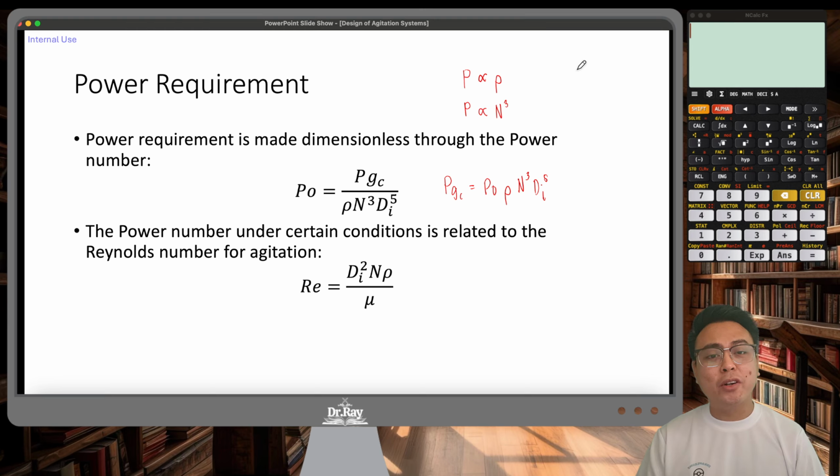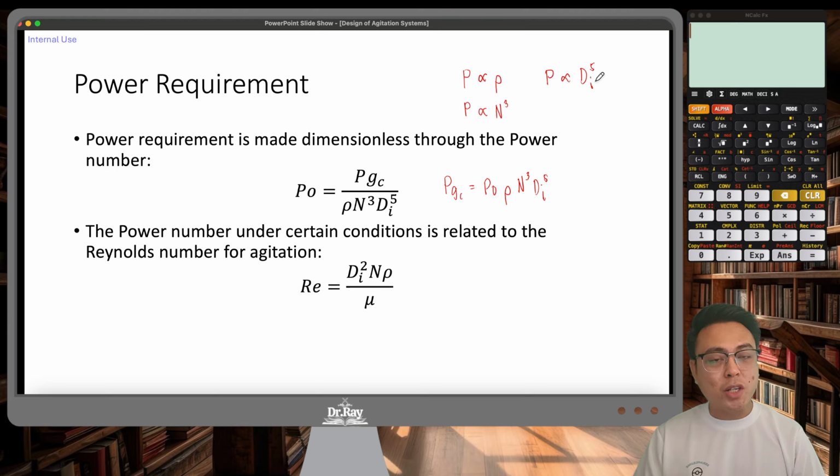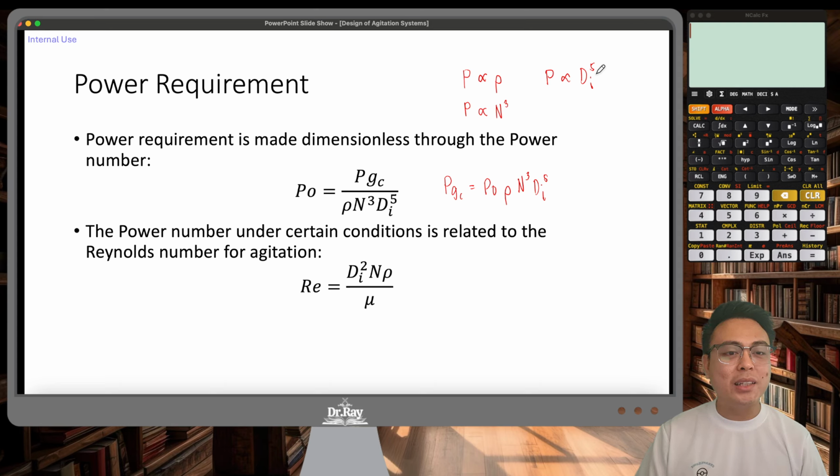The last parameter here is impeller diameter, and it has an even greater effect on the power consumed. The power is directly proportional to impeller diameter raised to the fifth power. Just imagine how hard it is to spin an impeller with a very big diameter. It takes a lot of energy to get that moving and to keep that moving.